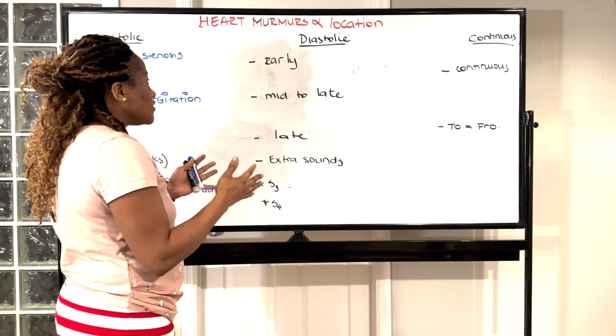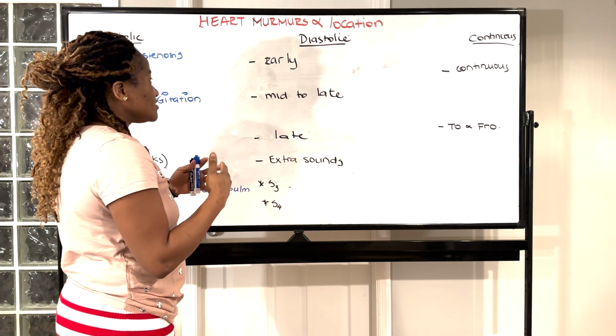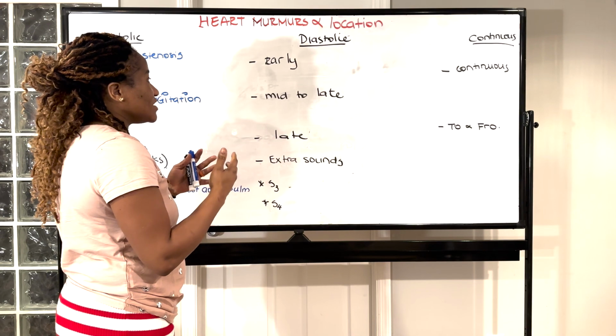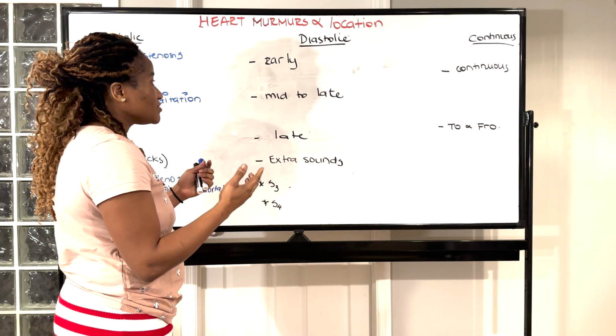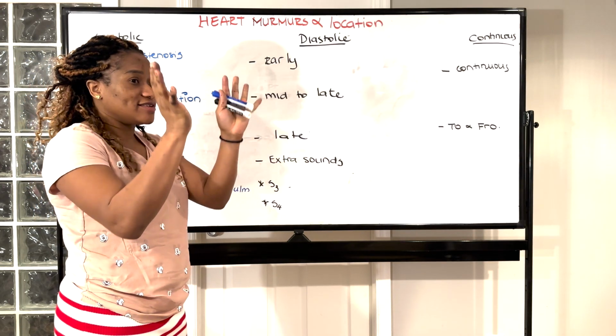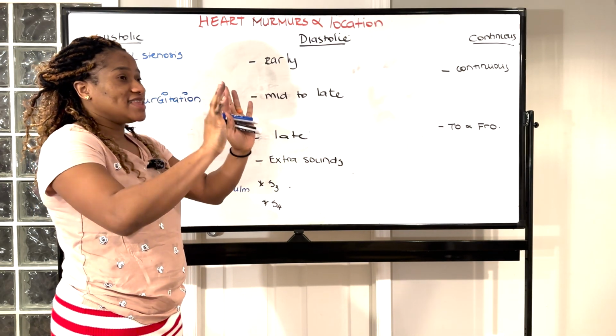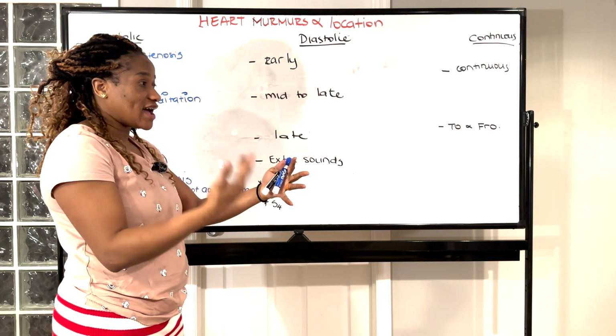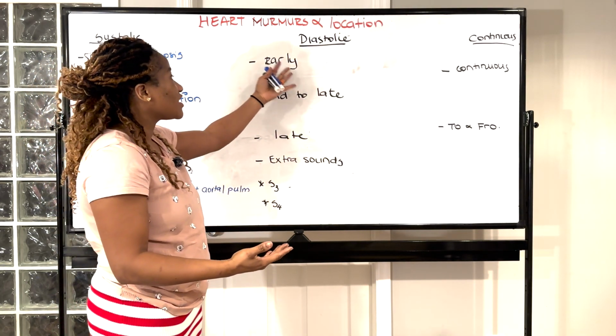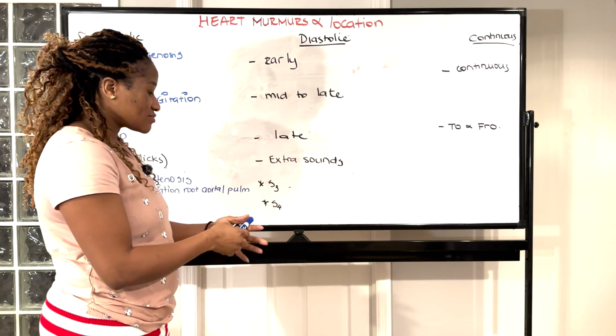So if the aortic and pulmonary valves, which are supposed to be closed during diastolic, never even close after the systolic and we're starting the diastolic phase, that's where you're going to hear your early diastolic murmur.